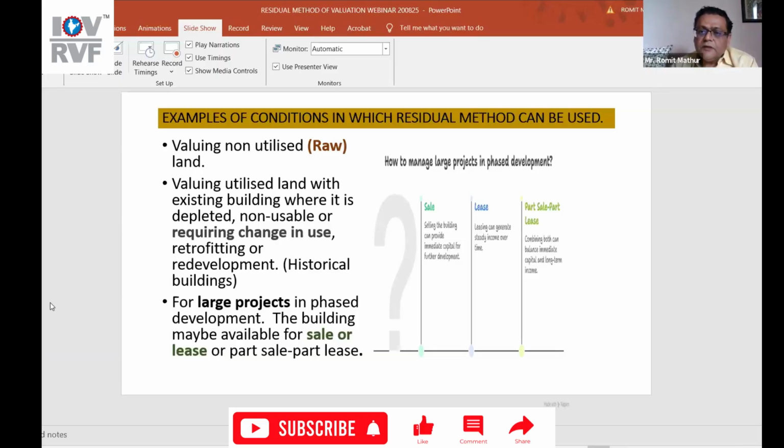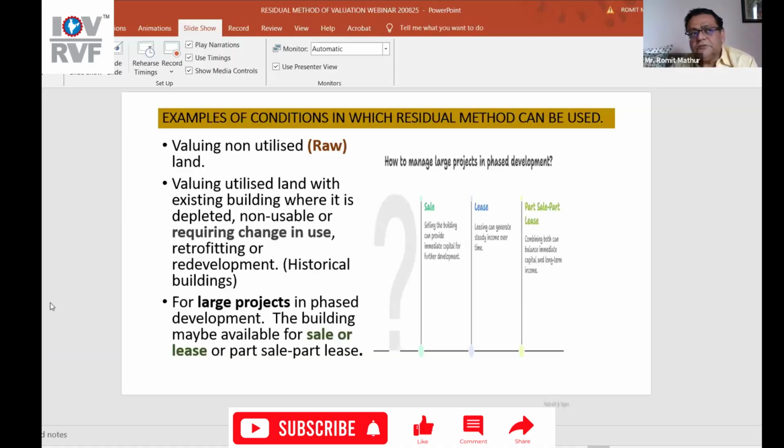When you want to reuse historical buildings, let's say there is a museum which is of importance but requires a good amount of renovation, and it will have some revenues from people walking in.